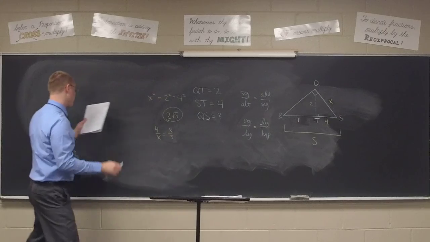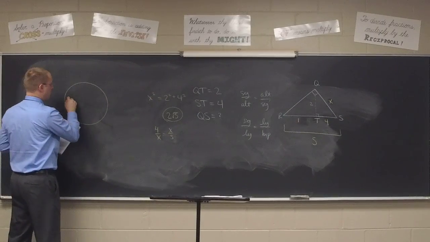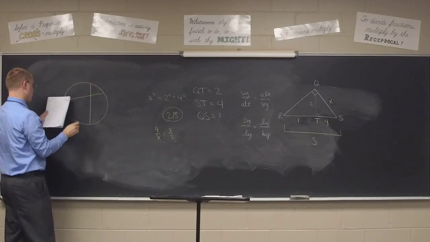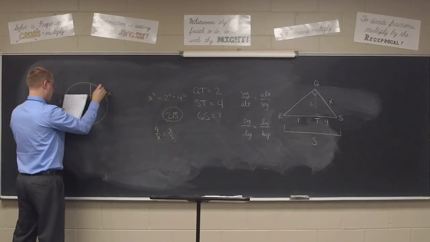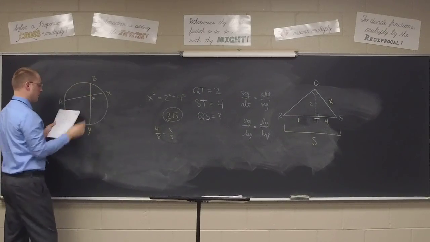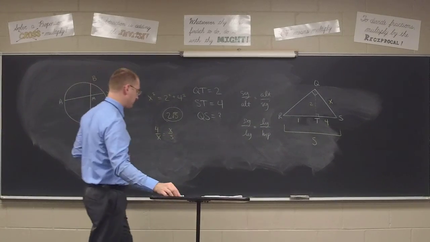Let's suppose we had this picture, a circle with a chord drawn here and a chord drawn here. Let's call this chord AX. Let's call this chord BY. Let's suppose these chords intersect at a point called M. Now this doesn't have a proportion that goes with it. What fact goes with this picture, Jamie?